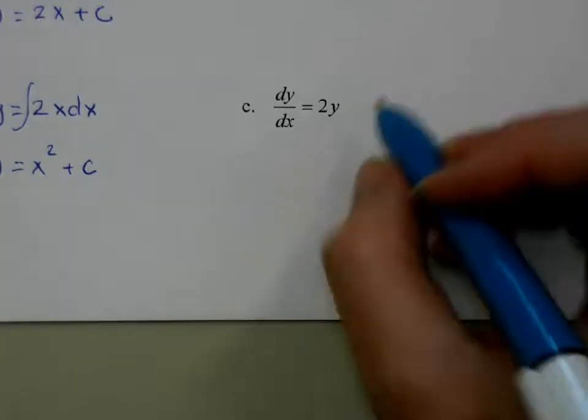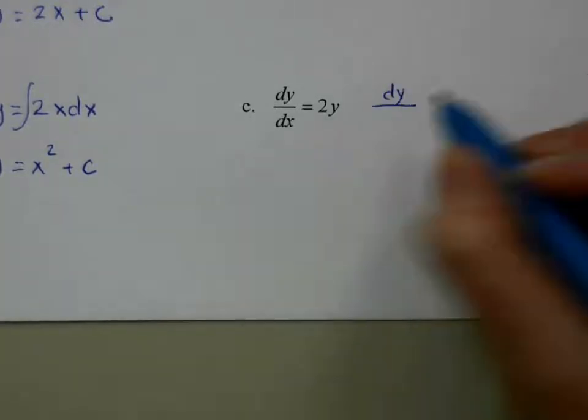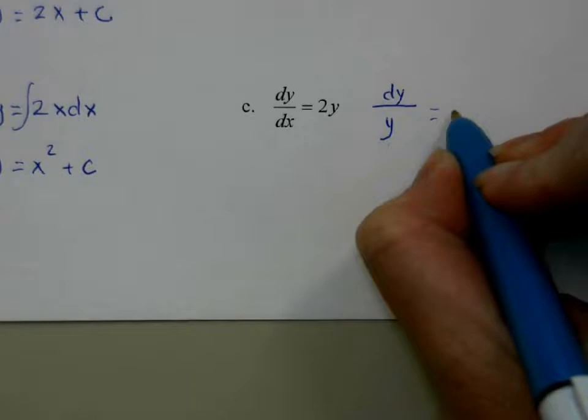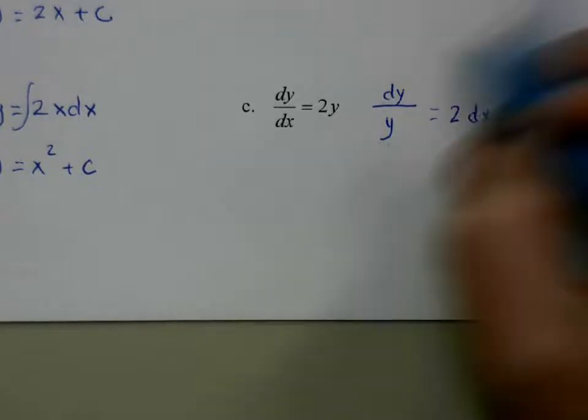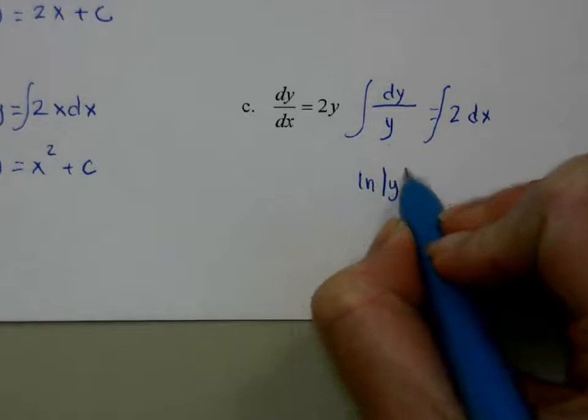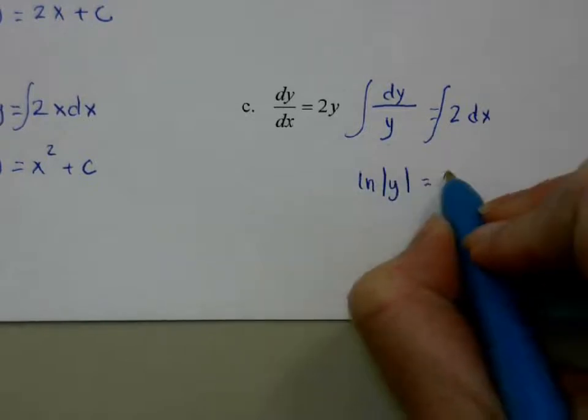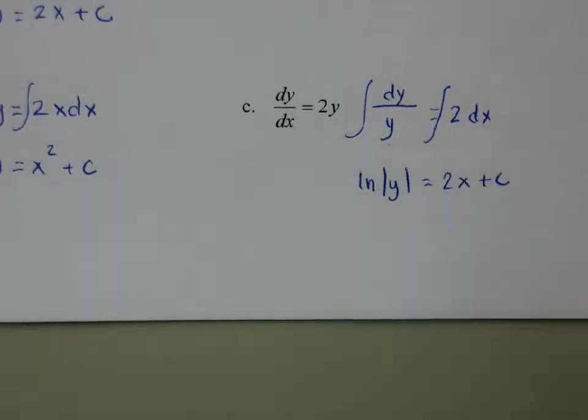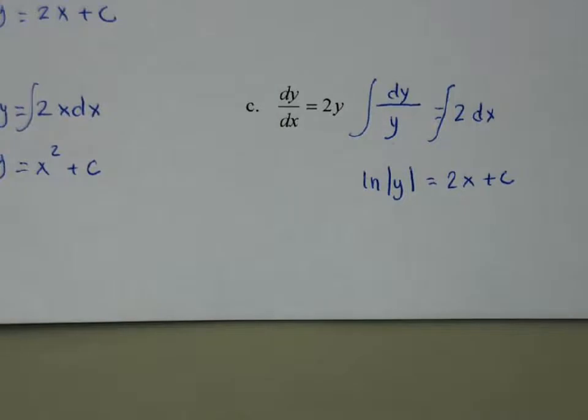Compared to this one, when I separate the variables, we'll have dy over y equals 2 dx. So now when I integrate, we're going to have the natural log of y equals 2x plus c. Or you could recognize that this is going to be exponential.